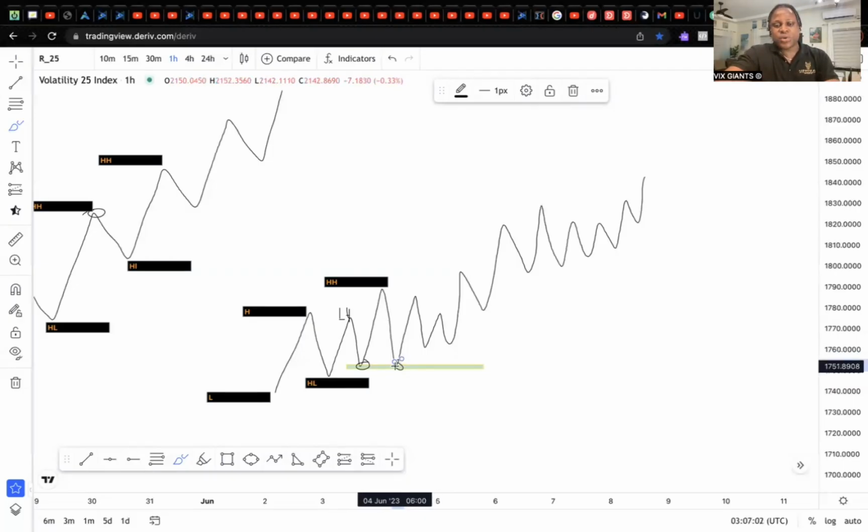After creating that equal low point, we push up, creating this point in the trend. As I can see, this point is a slightly lower point than the previous point, which was a higher high. So that would have made this area a lower high. LH to represent lower high.